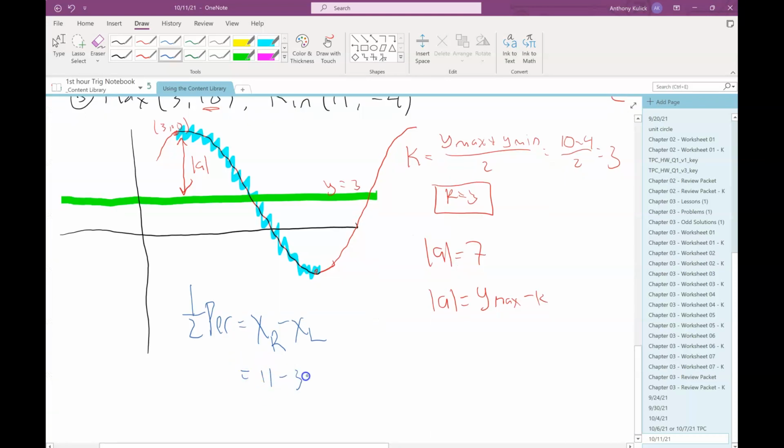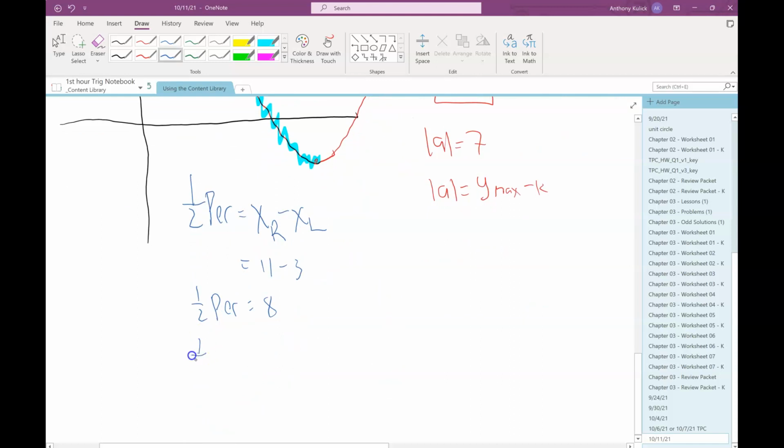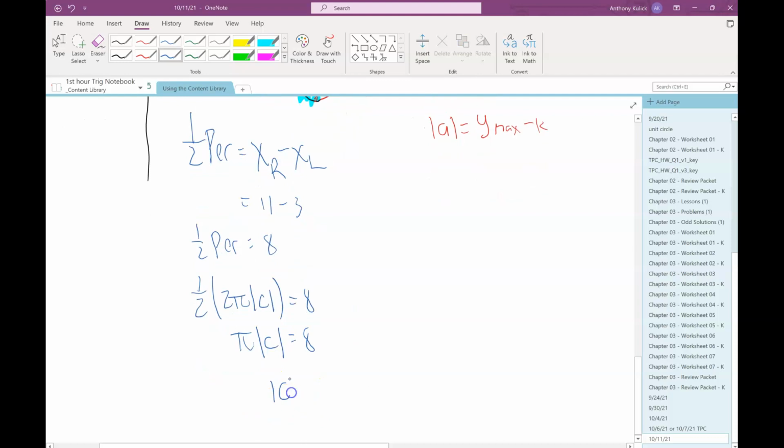That's 11 minus 3. So half a period is 8 units. Remember that the period is 2 pi over the absolute value of c. So 1/2 times 2 is just 1. So the 2 and the 1/2 cancel each other out. So the absolute value of c is 8 over pi. And again, we're always going to choose that c to be positive. So my c is just going to be 8 over pi.